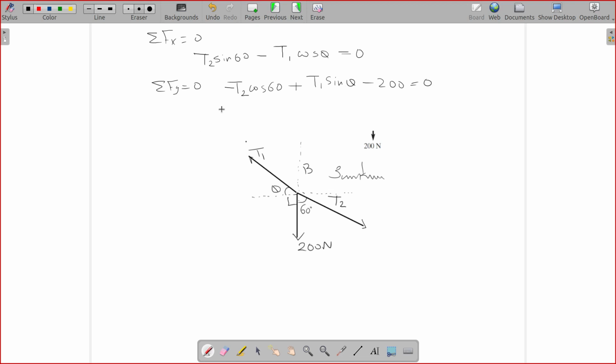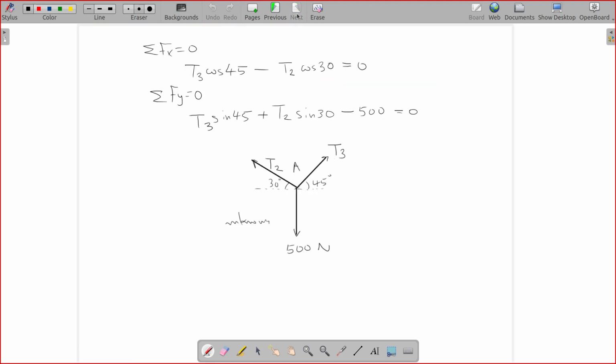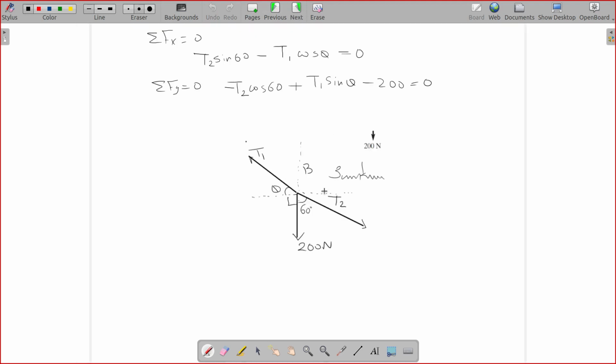The sum of all those should be 0. Now by solving the previous system, we know the value of T2. So T2 here is known. If T2 is known, you can calculate theta and T1.